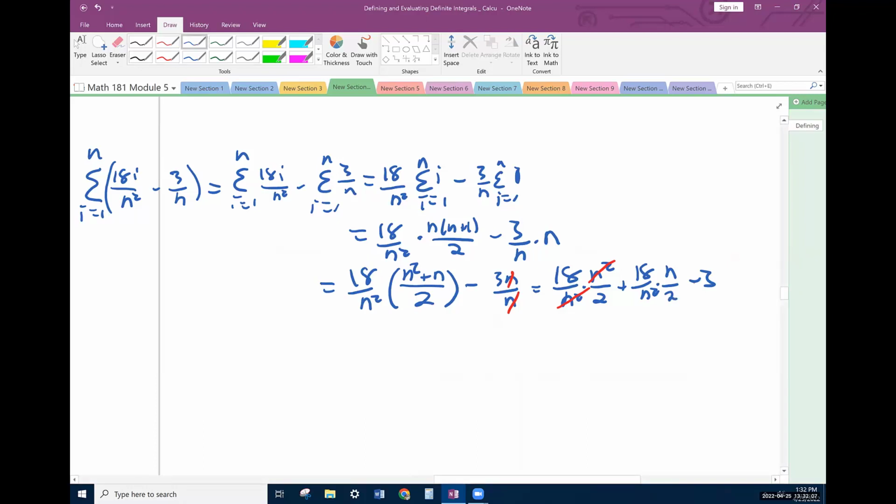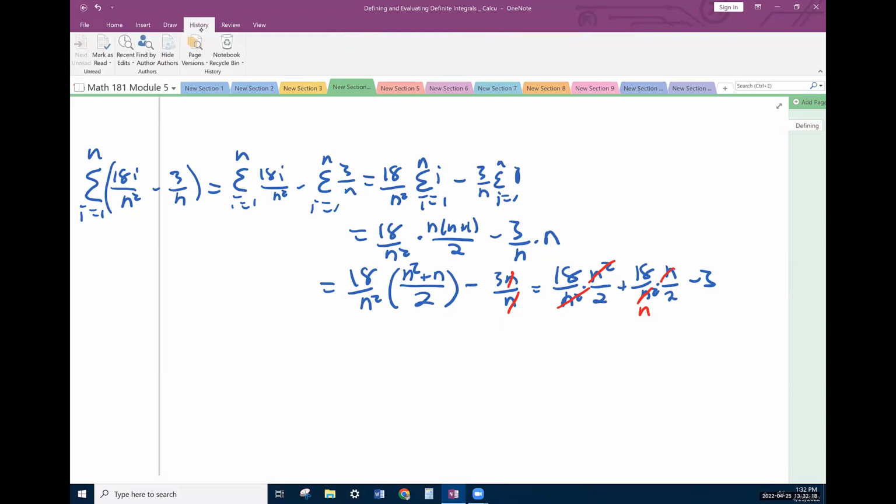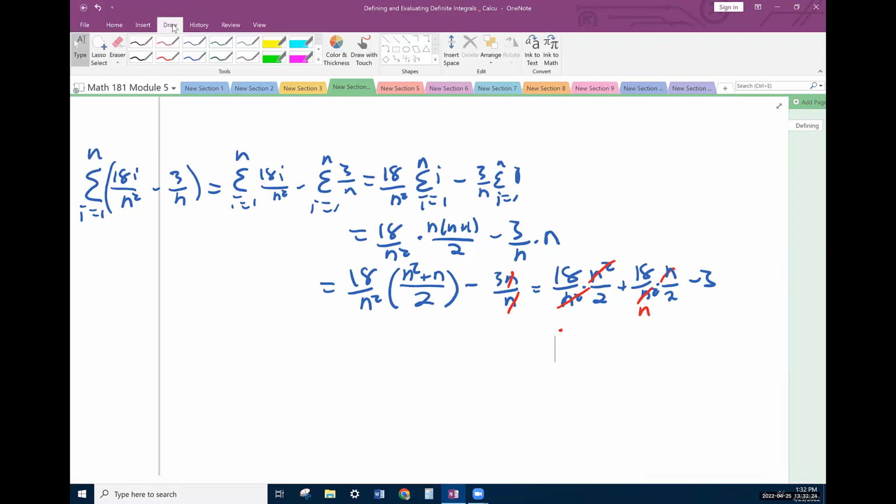Okay, and so the n squared divides with the n, leaves an n down below. So we have 18 divided by 2. That's going to be 9, isn't it? 9 plus, and then we have 9 over n minus 3.